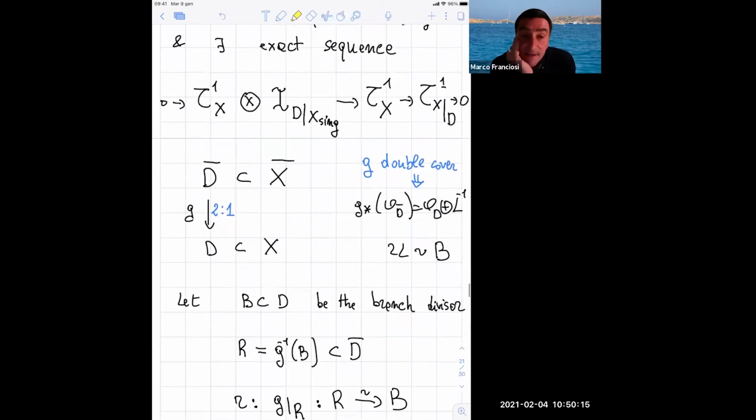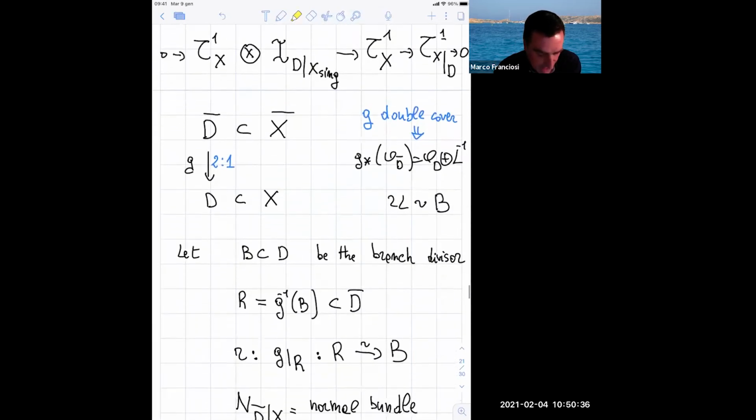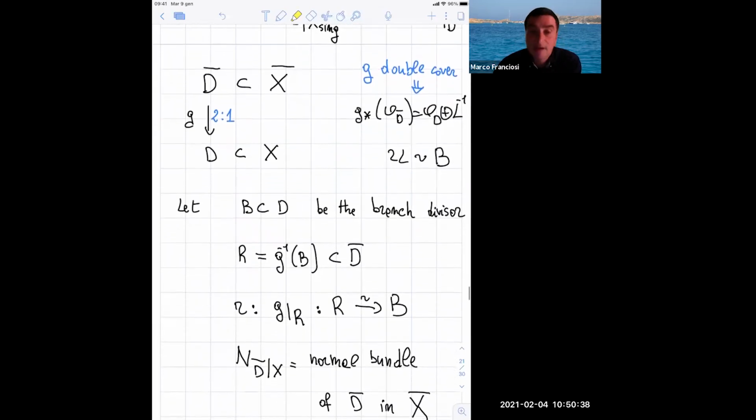So the map from D bar onto D is a 2-to-1 map, and we have g lower star of O_D bar is O_D plus L^-1, where B is the branch divisor. So we set R equal to g^-1 of B, which is contained in D bar.